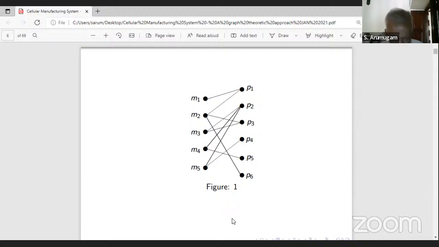But in the cellular manufacturing problem, we don't want a cell consisting of just one vertex. It's meaningless. Therefore, each cell must represent a non-trivial connected graph.